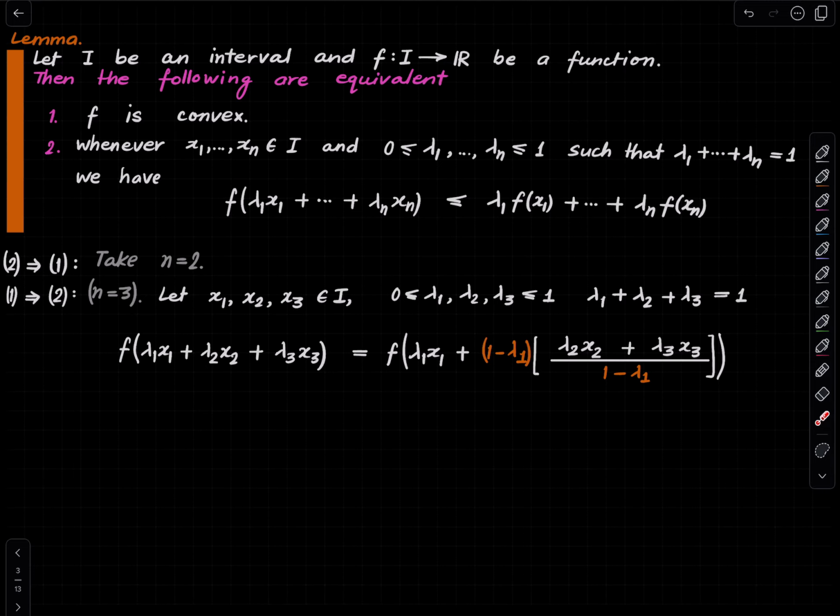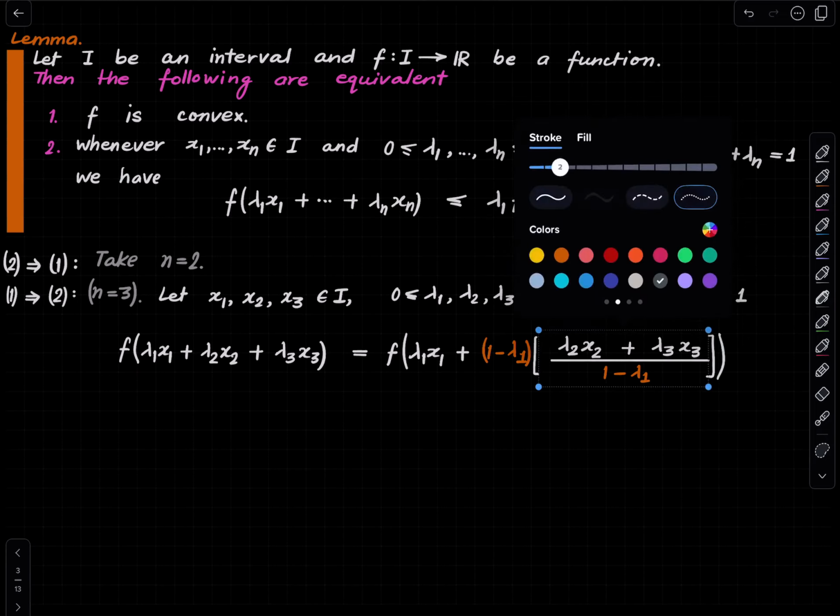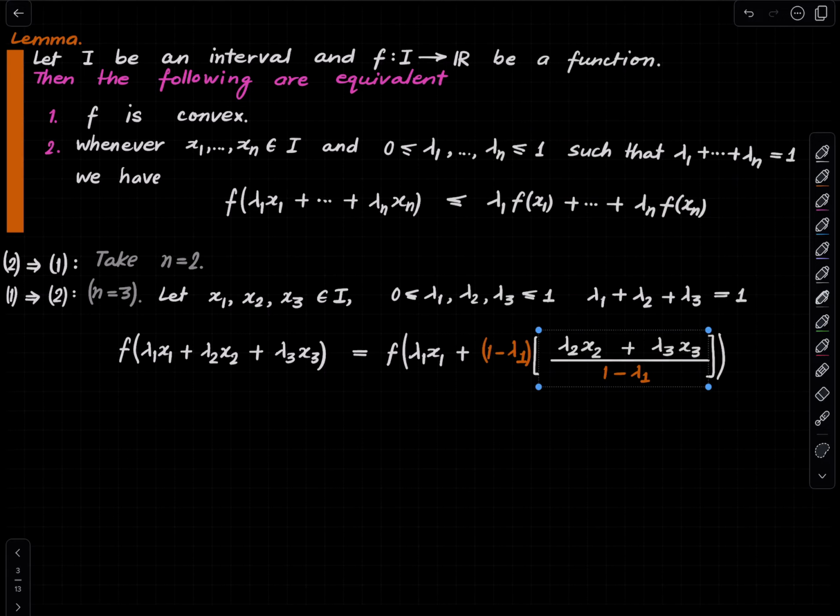Okay, and now here I give you an exercise to show that this thing is actually in the interval. There's very little to do here because lambda 2 plus lambda 3 is exactly 1 minus lambda 1. Right?